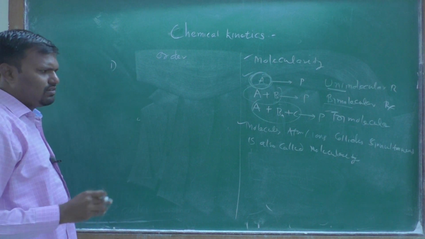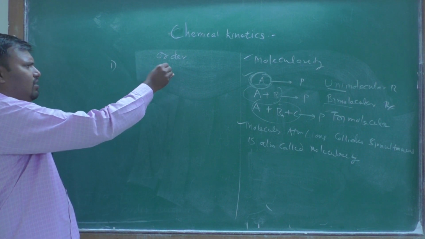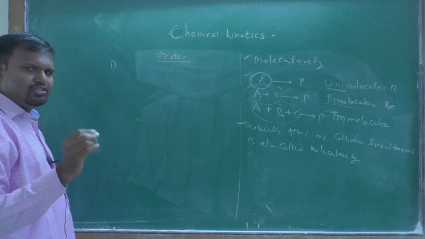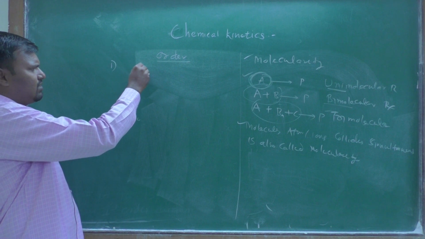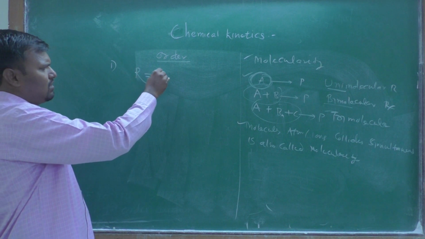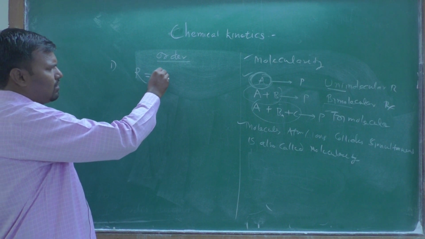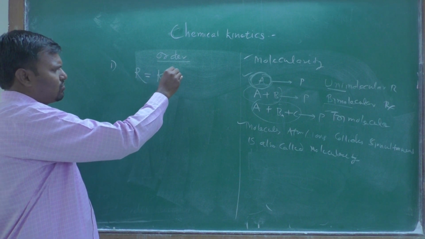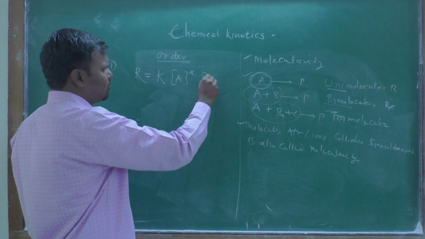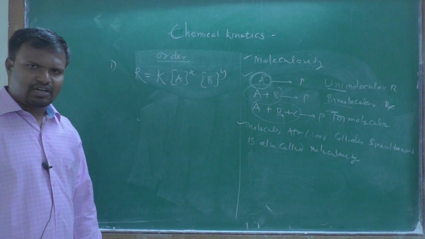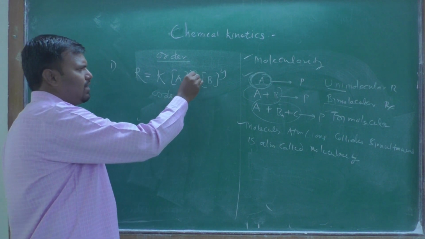The first difference is regarding the definition. We define the order by using the rate law. The rate law is given as rate equals the rate constant k times A raised to x times B raised to y. Therefore, order is nothing but the summation of x and y.